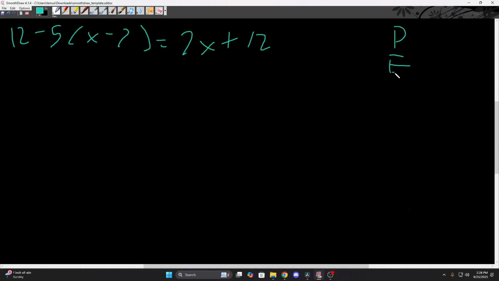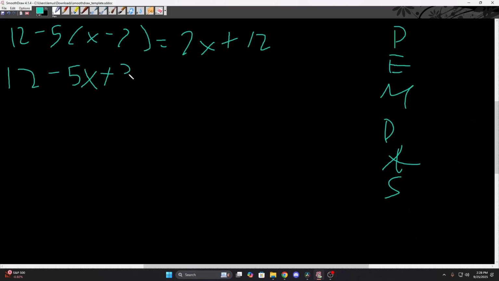Okay, so the next one is 12 minus 5 times x minus 7 equals 2x plus 12. Here, remember this is some basic algebra 1, so it's PEMDAS. So here's 12 minus 5x plus 35 equals 7x plus 12.